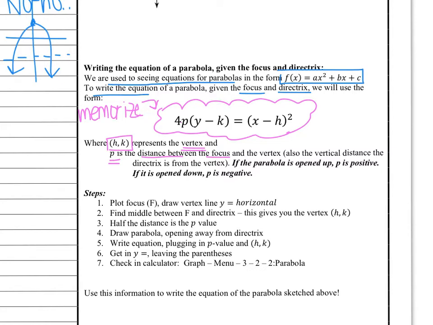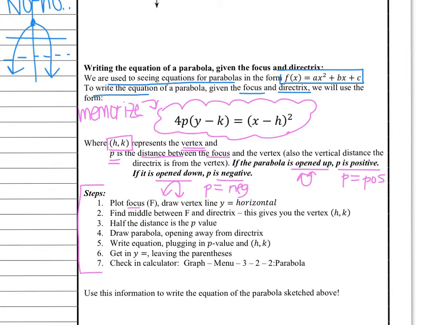So if a parabola opens up, p is positive, and if it opens downward like that, then p has to be negative.